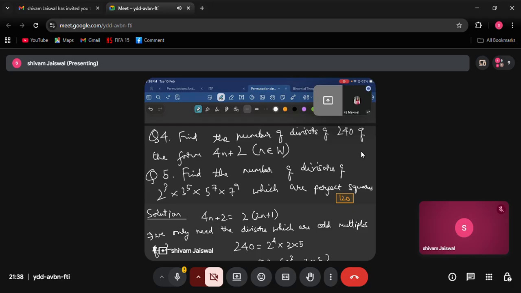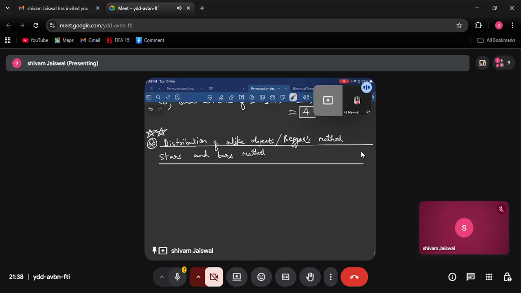For 5 only, I'm asking. For 5, you considered 0, 2, 4, 6, isn't it? Tell me. Sir, to be a perfect square, the exponent should be an even integer. Okay, I understood. No need to explain anymore.